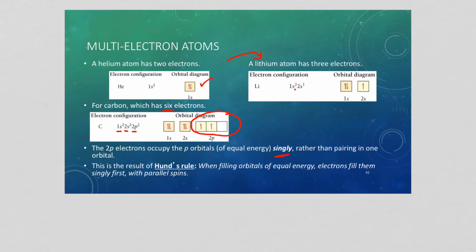This is what's known as Hund's rule, which essentially says that when filling orbitals of equal energy, electrons fill them singly first, then pair up. So we have the Pauli exclusion principle and Hund's rule. These are the two rules that govern how we fill these orbitals.